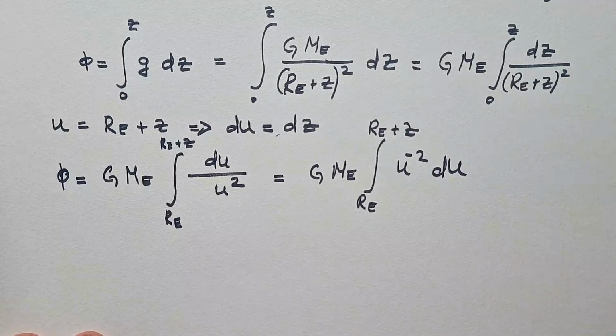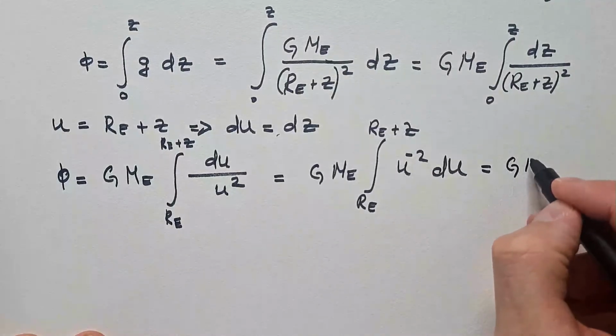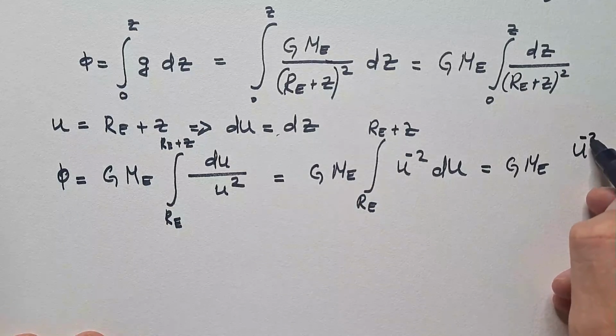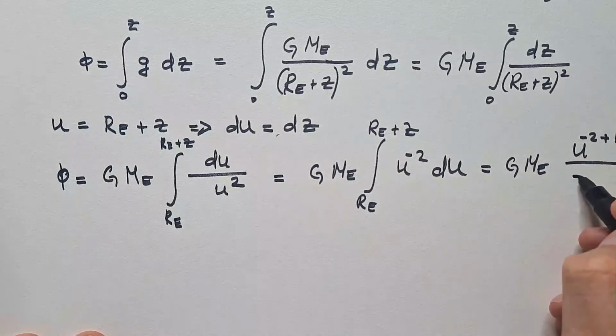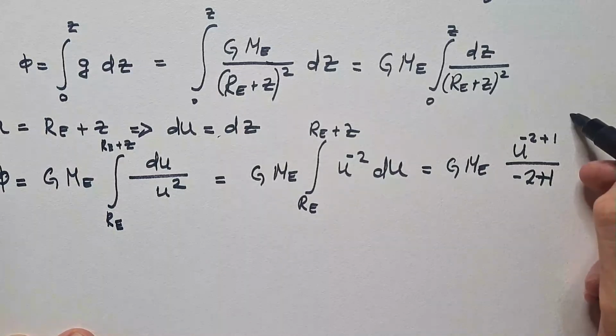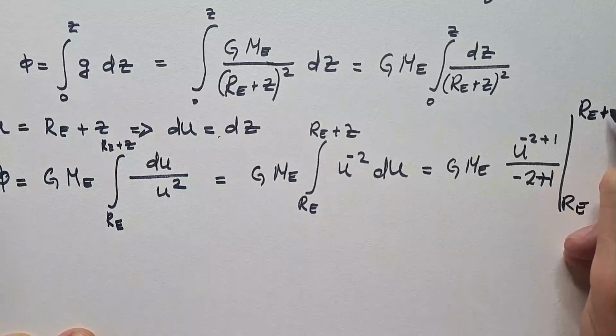That's the same. And now I can finally solve this integral, and of course the solution is G M_E times u to the power minus 2 plus 1 divided by minus 2 plus 1. This is how you solve an integral with a power. And the limits are R_E to R_E plus z.